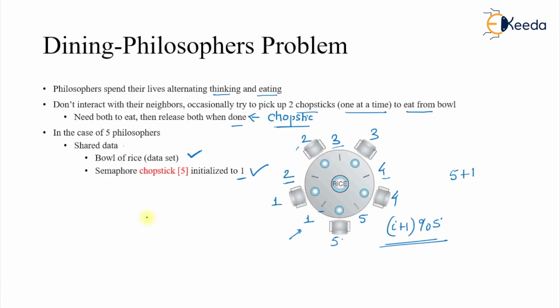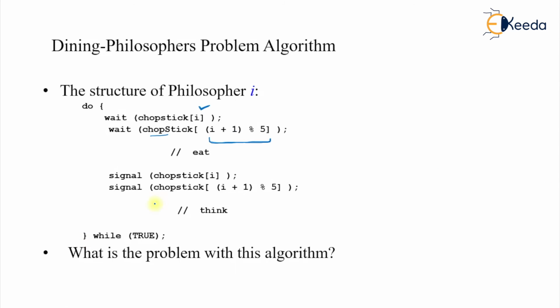So 1 will try to grab 1 and 2; 5 will try to grab 5, and then 5 plus 1 modulo 5, that is 1. So that is the structure.